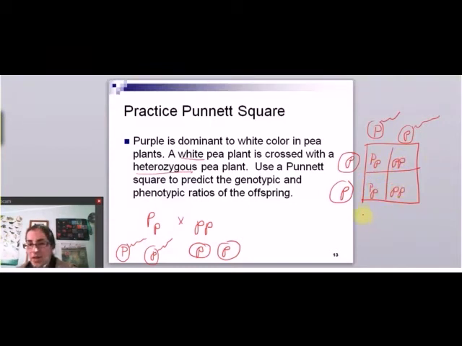And I see that I would get 2 to 2 of purple to white. And this can also, it's just like fractions, it can be reduced to 1 to 1. So 2 to 2 is the same thing as 1 to 1. And then I have 0 big P big P to 2 big P little p to 2 little p little p. So that's my genotypic ratio. And again, this can be reduced, but just for simplicity, I've drawn it out as the actual numbers from the Punnett square.